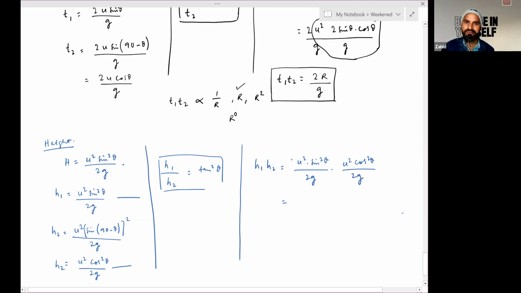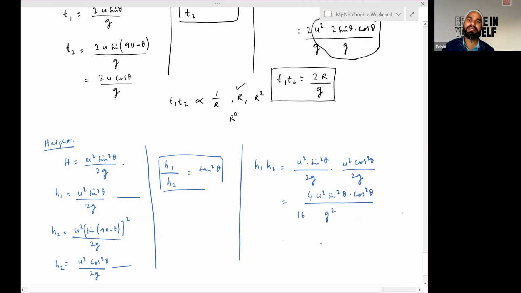If you multiply it by 4 and divide by 4, you will get 4 times u square sin square times cos square whole divided by 4, and 4 will be 16 times g square.